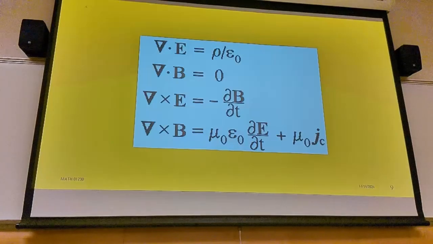These are probably four of the most important equations in human history. Maxwell said, "Let there be light." These are Maxwell's equations, which relate E fields and B fields, electric fields and magnetic fields.